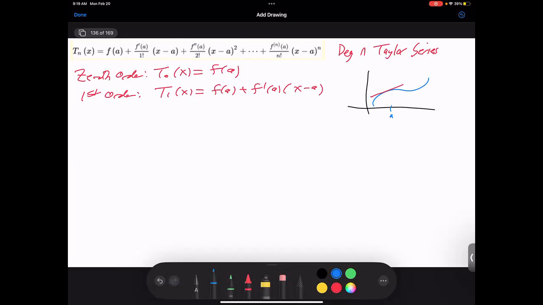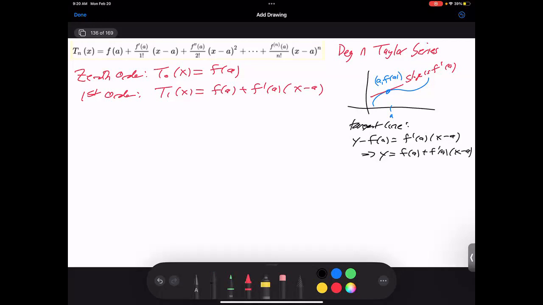So this point over here would be a, f of a. The slope is f prime of a, and the tangent line is y minus f of a is f prime of a times x minus a, or just rewriting, y equals f of a plus f prime of a times x minus a. So the 1st order Taylor series is just the standard tangent line approximation.